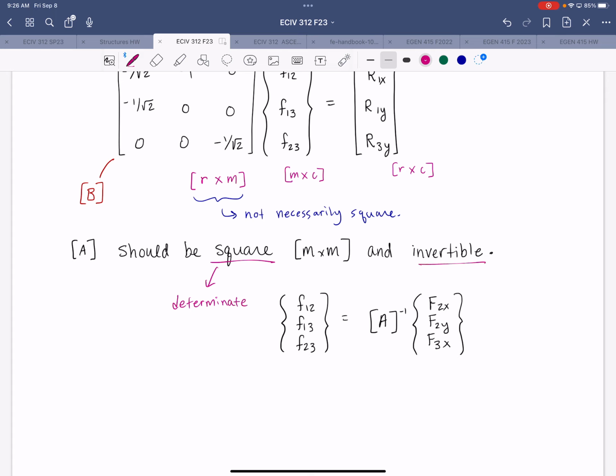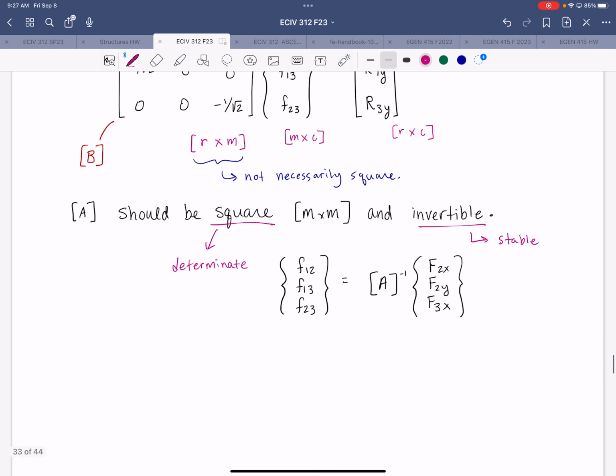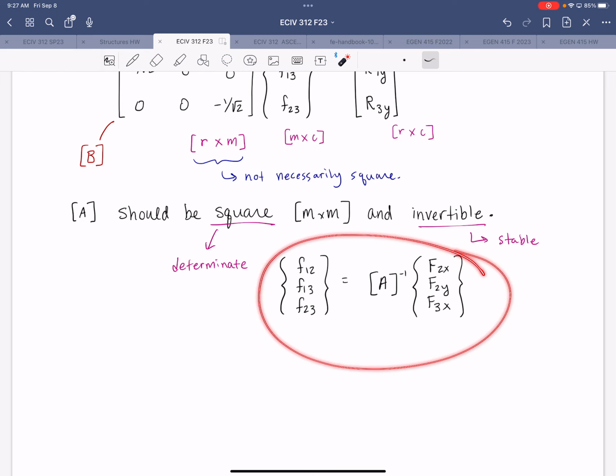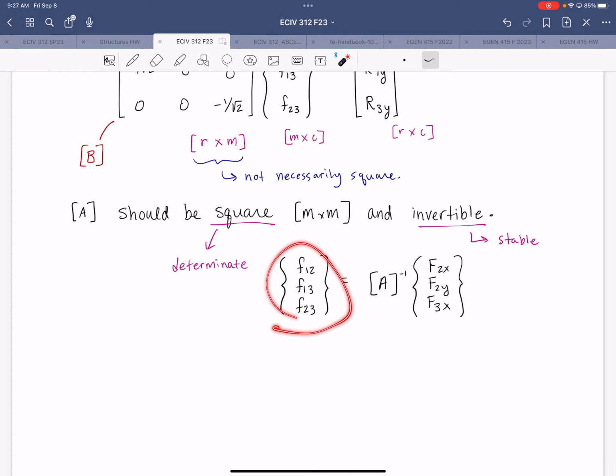If it's invertible, that means that it's stable. All right, so if it meets those criteria, then we can solve for the unknown internal forces using this formula.